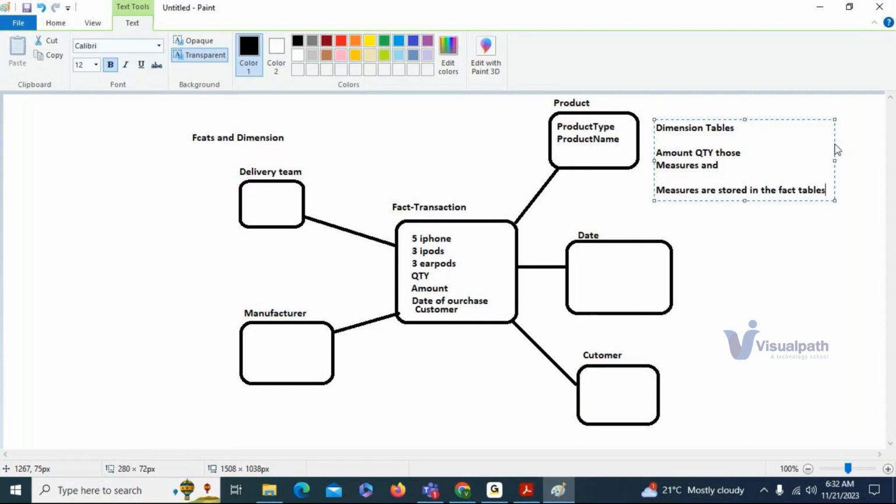The dimension tables are product, date, customer, manufacturer, and delivery, and the transaction will become the fact. Traditionally, we have a fact table with relationships to the dimension tables: product ID, date key, customer ID, manufacturer ID, delivery. So the fact table will have a relationship to all the dimension tables.